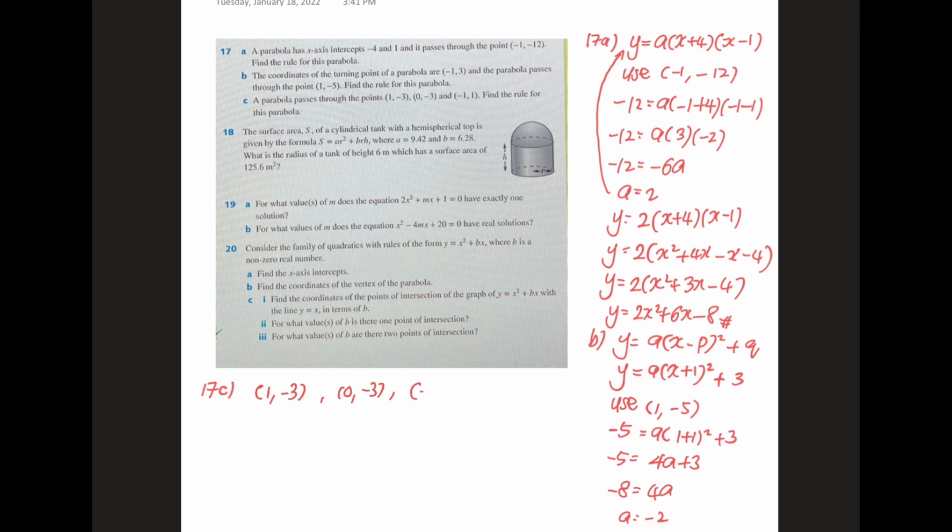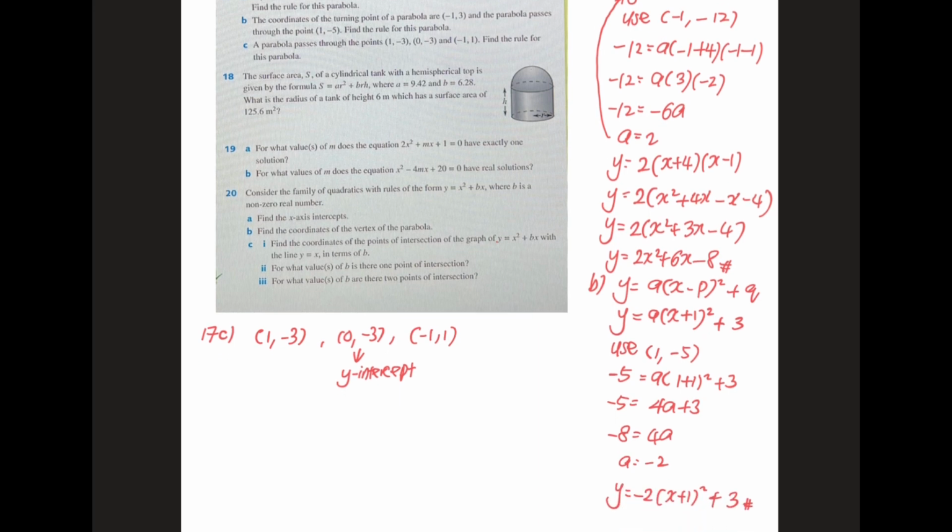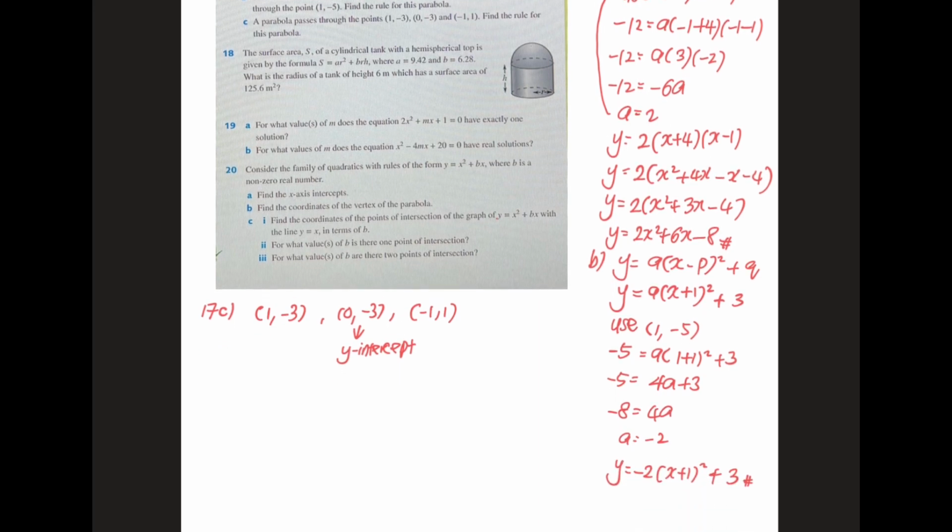Okay, so you see how we have 1, minus 3, 0, minus 3, minus 1, 1. This point is obviously the y-intercept, because it's 0 something, right?